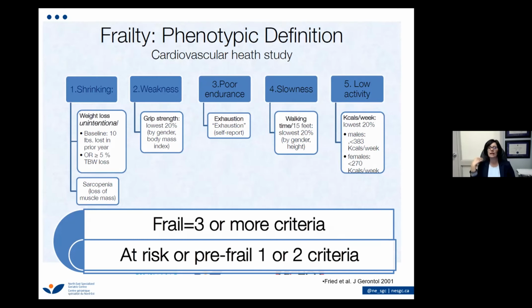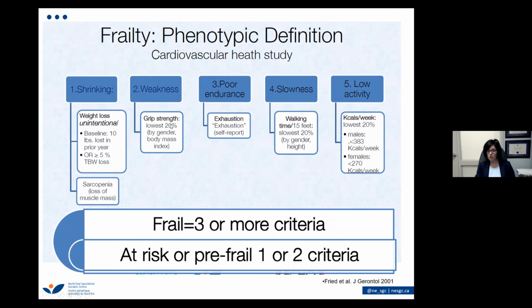And if you go to the Canadian Frailty Network, they will define it this way, saying these are the 5 things that tend to be consistently shown amongst people who are frail. So typically you will see weight loss. There are ways to define it formally for research purposes, but if you can just ask folks if they've lost weight in the past year, there tends to be associated weakness, often measured by grip strength.